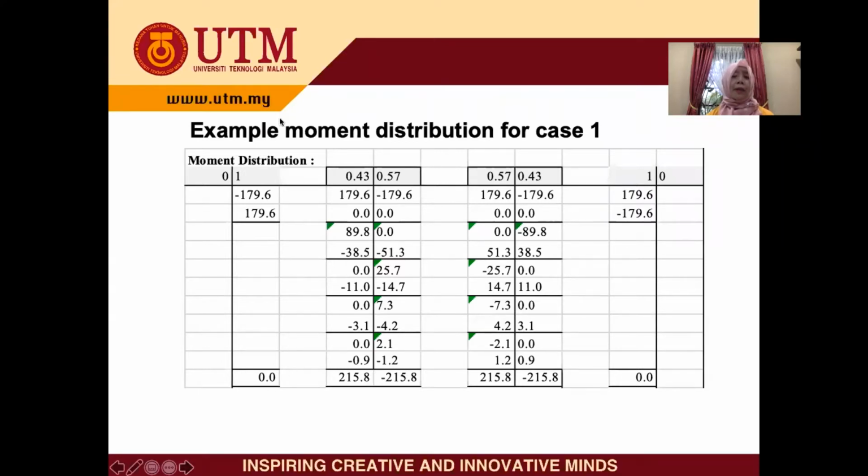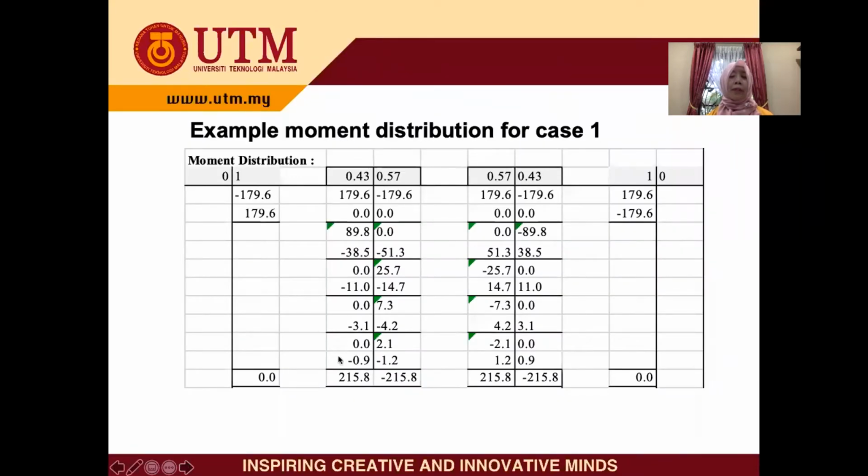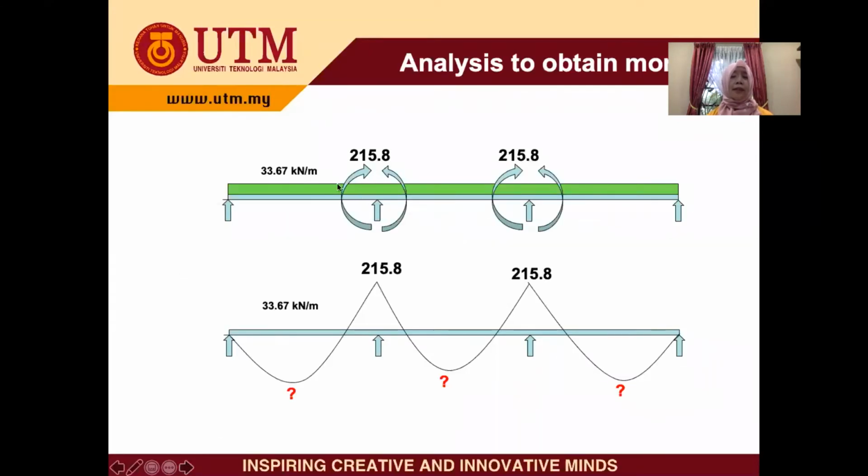From the moment distribution for case 1, that is maximum for all spans, we only have the moment at the support, 315.8, 3.1.8. This is the result that we got from the analysis.